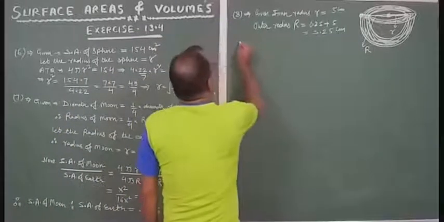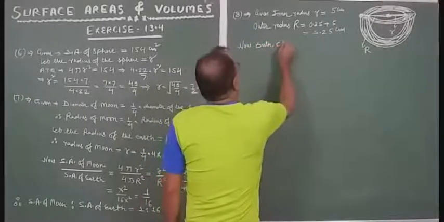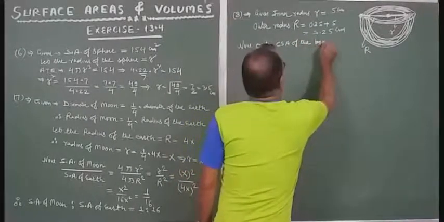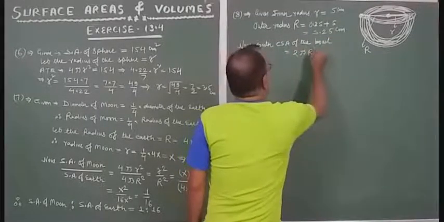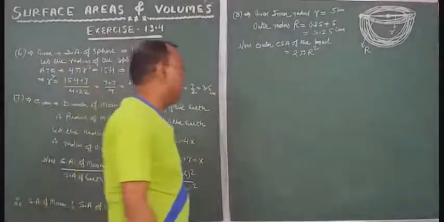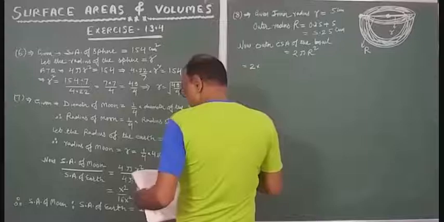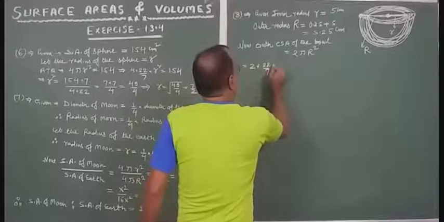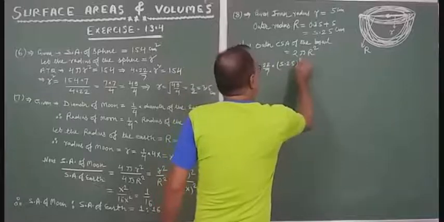Now the outer curved surface area of the bowl will be given by, we will use the outer radius, 2 pi capital R square. Just put all the values. You will get 2 into 22/7 into 5.25 whole square.